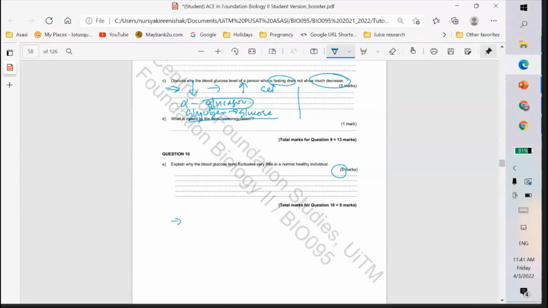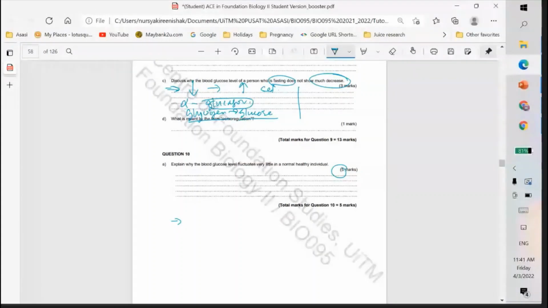Okay. Soalan ni again 5 marks. There is a lot of marks there. Okay. So you have to detail out your answer. So the question says here, explain why blood glucose level fluctuates very little in a normal healthy individual. So it means that for a normal healthy person, the secretion of the hormones that regulate blood glucose level will be at the normal rate.